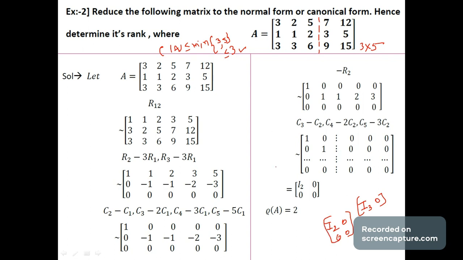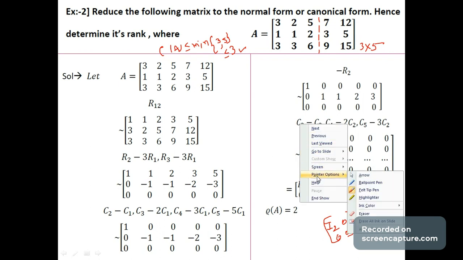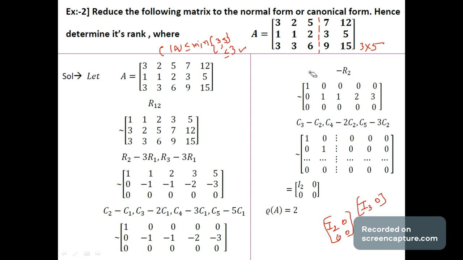So I2 0 0 means that this is the I2, this is the 0 matrix, this is the 0 matrix, this is the 0 matrix.